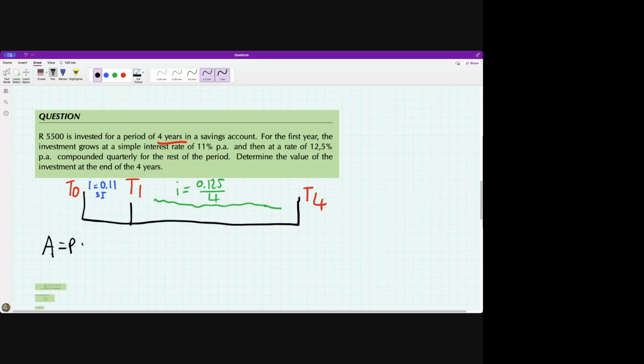Okay, now, there are two types of interest being used, two different formulas. Can you see if you can get me to how much money the amount of 5,500 grows to by the end of T4? But you have to realize there are two different formulas at play.